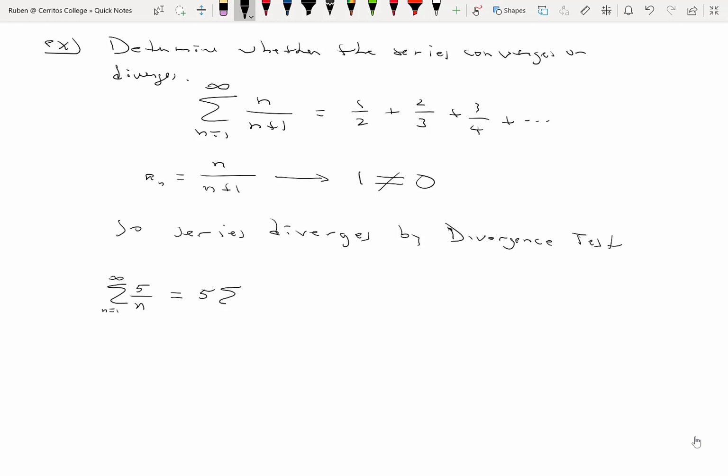But you can factor out constants from sums, just like you could do in algebra. You can factor out a greatest common factor, using the distributive property in reverse, I guess. So constants can be factored out of series without affecting the convergence or divergence of the series.